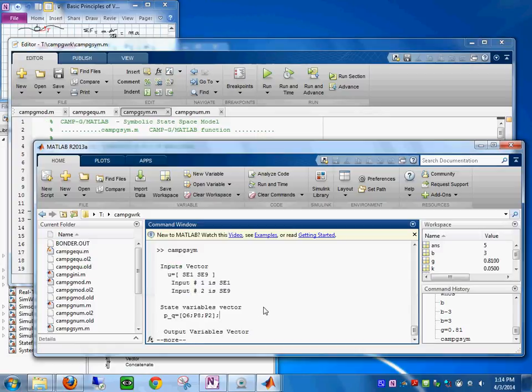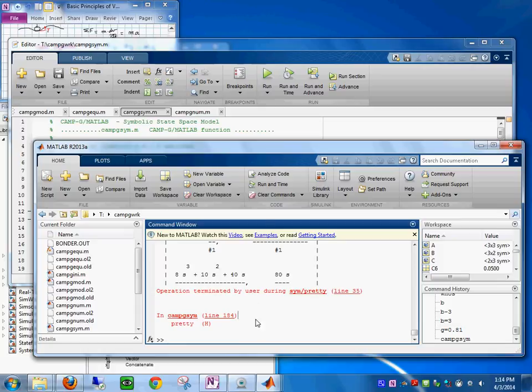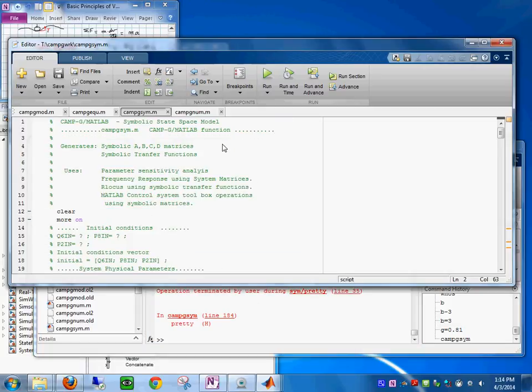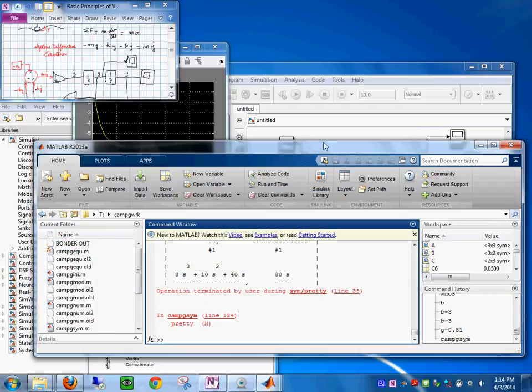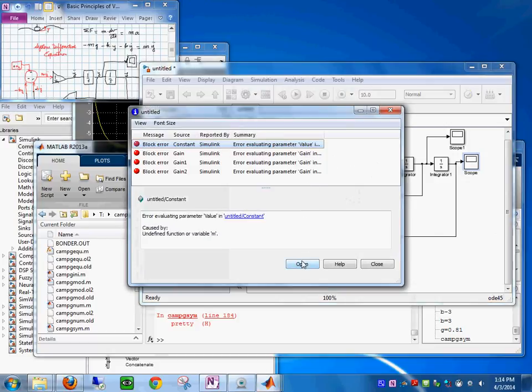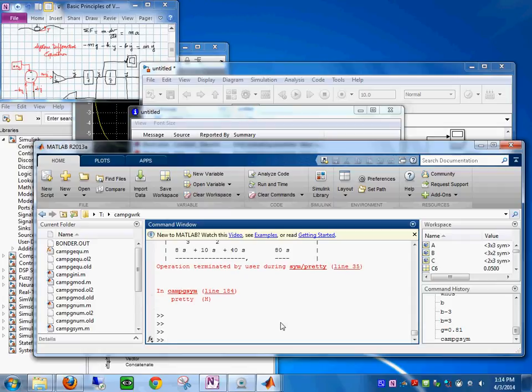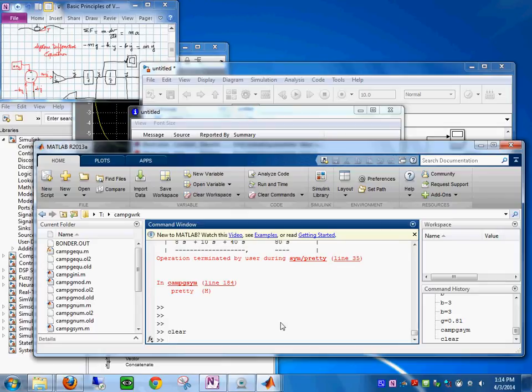Okay. I think we have run the wrong MATLAB file. There we go. Okay, what happened is that, let's just start over.